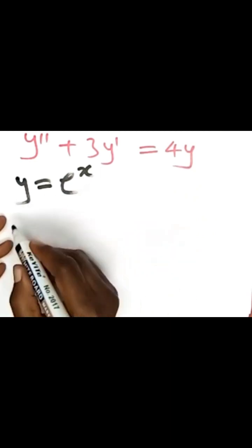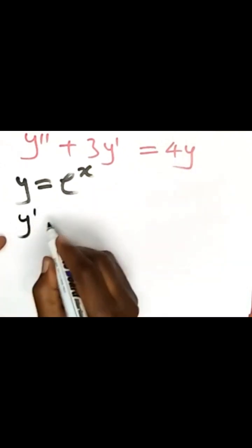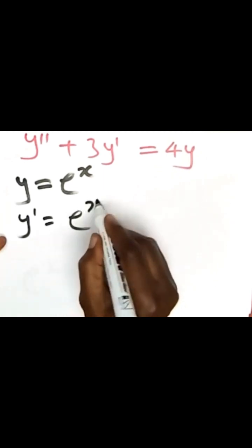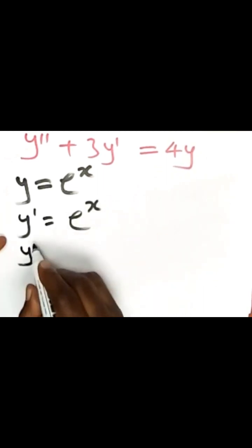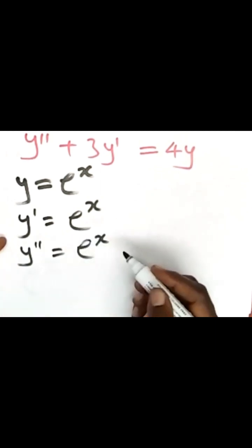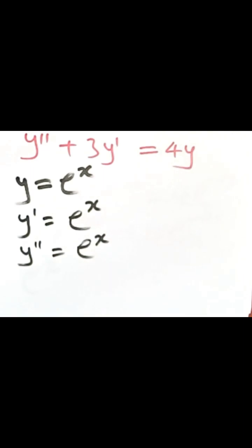If y is e raised to power x, y prime is also e raised to power x, and y prime prime is the same as e raised to power x. Yes, the first and second derivative of e raised to power x also gives you e raised to power x.